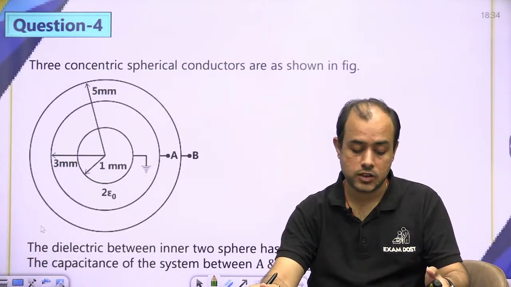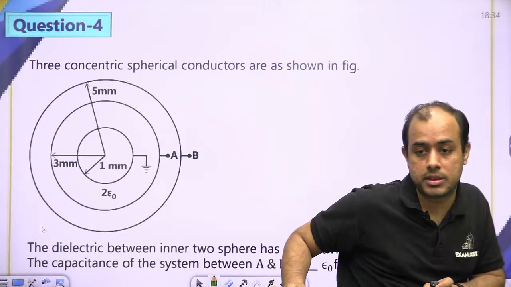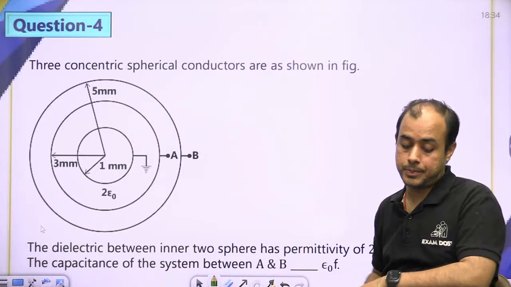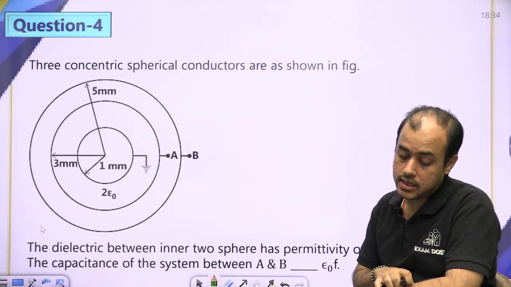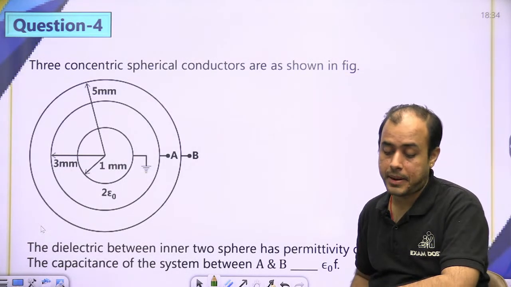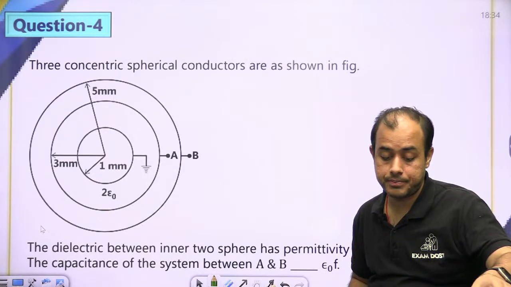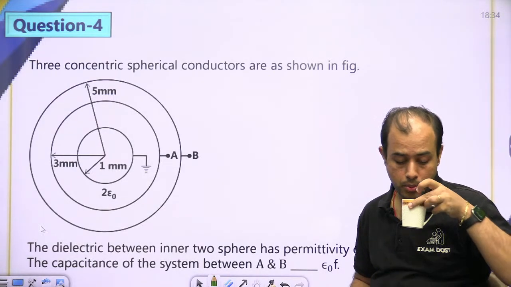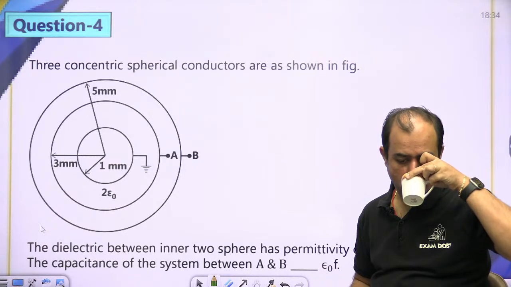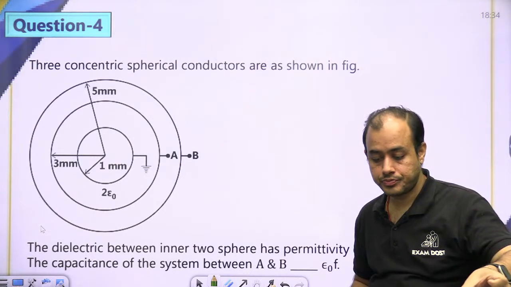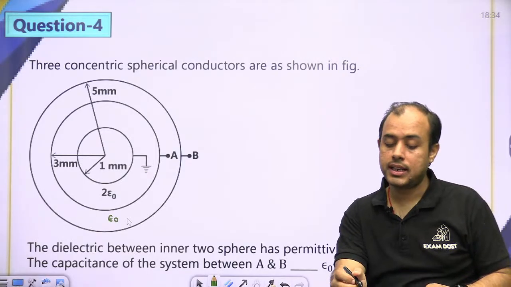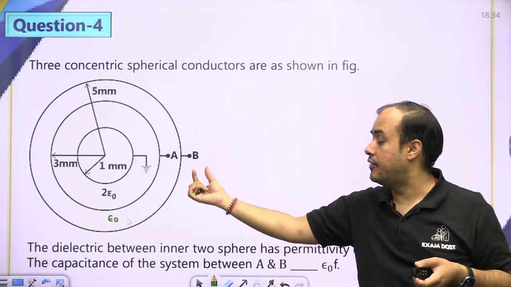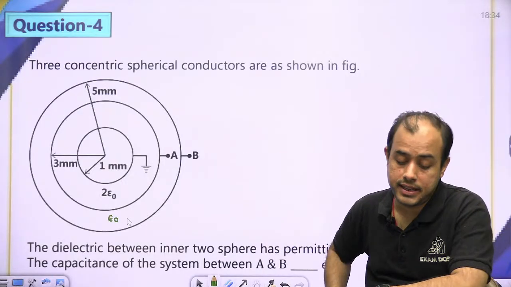3 concentric spherical conductors are as shown. रौनक भाई सॉल्व किए हो क्या ऐसे देख के बता रहे हो? The dielectric between the inner two spheres has a permittivity 2 epsilon naught. Capacitance will be between A and B. So beta, this is the case of series when multiple dielectrics are placed.